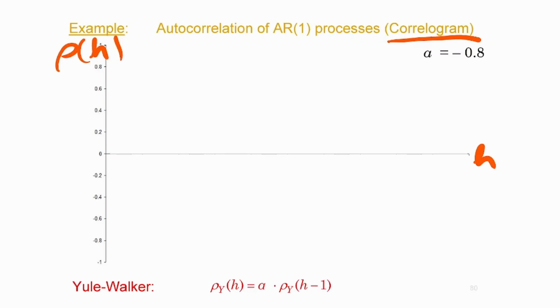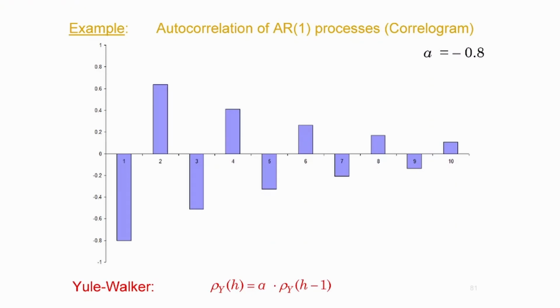The correlogram of an AR process would also tell you a lot of things about the process itself, how the process would look like in general. So there is one way to address that from an empirical perspective. You can calculate the autocorrelations, I mean the empirical counterparts, and then check whether that fits your model, but that's something that we are not going to consider.